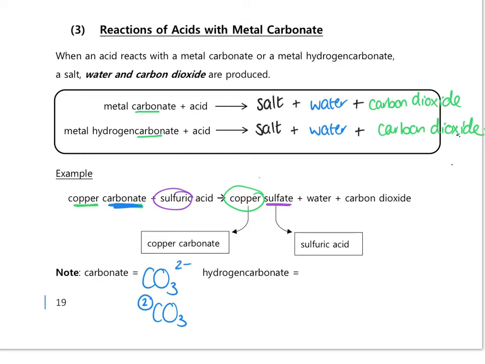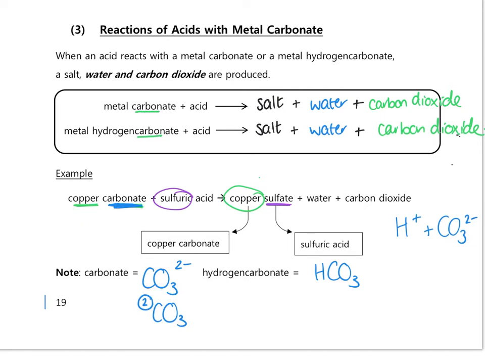Hydrogen carbonate is very similar. What we do is we just add a hydrogen at the start, HCO3. But this time, technically we've added an H+ ion on, so we raise the charge by 1 essentially. What we've done is we've taken H+ and reacted it with our carbonate.